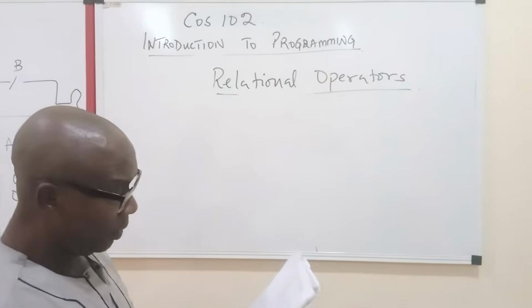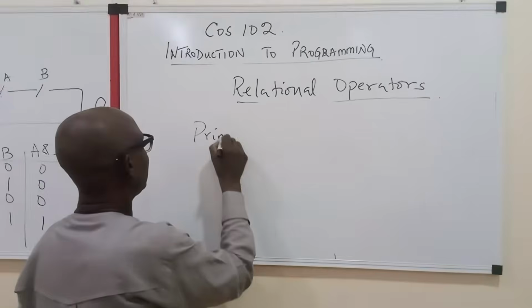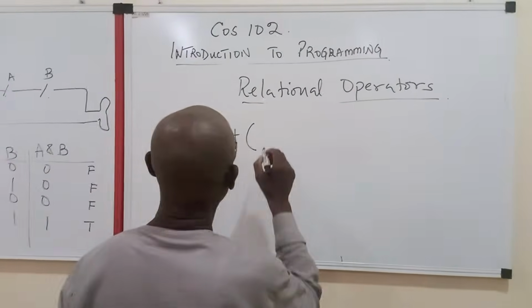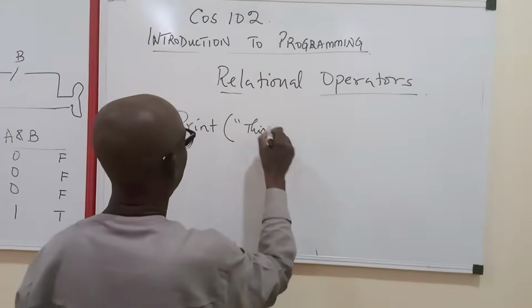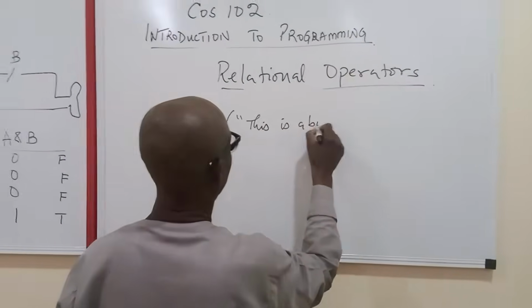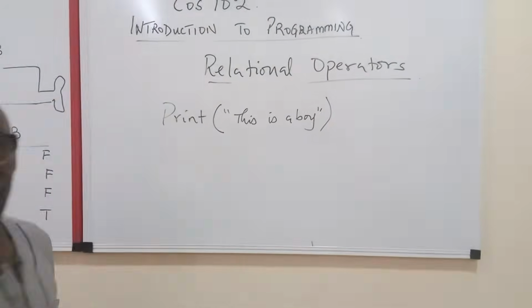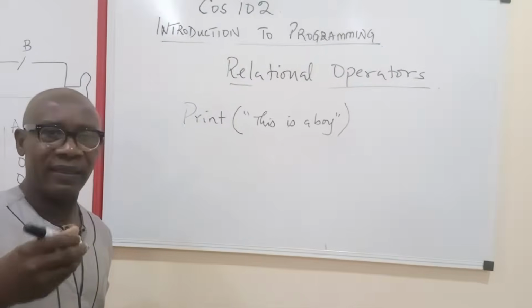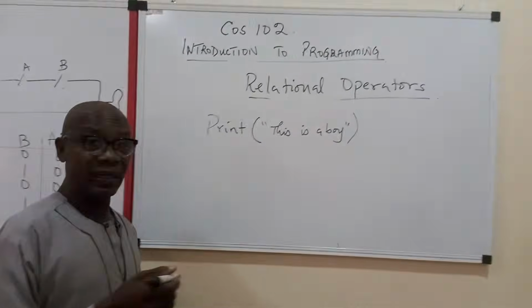Now we look at the print statement. If we say print, this is a boy, this is called a string. We will later look at data types, in which case we are going to talk about what is a string.